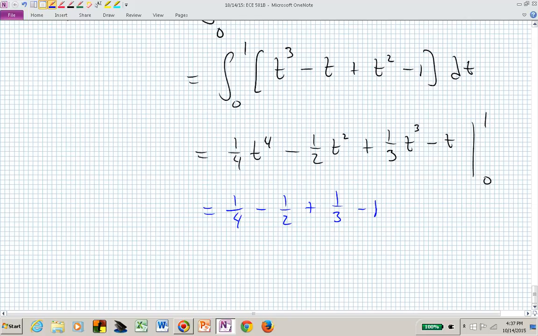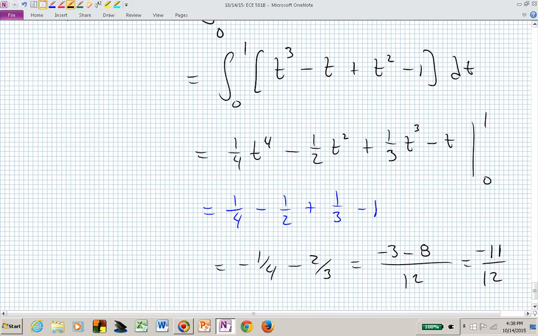Is that right? So now I have minus 1/4 and minus 2/3. Getting a common denominator, I now have minus 3 and a minus 8, or minus 11/12.